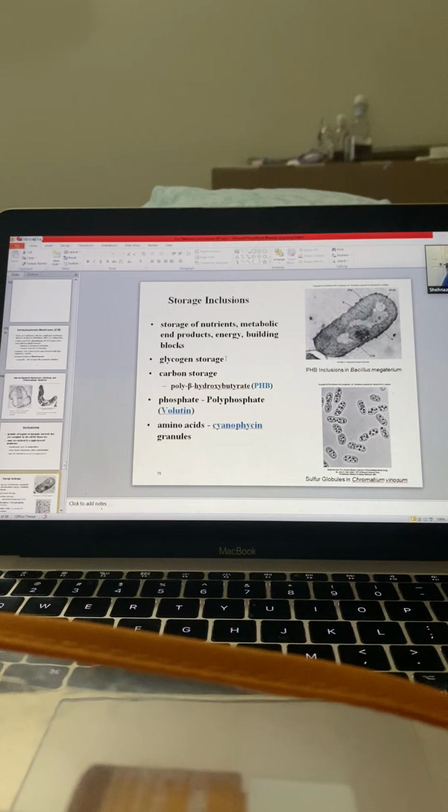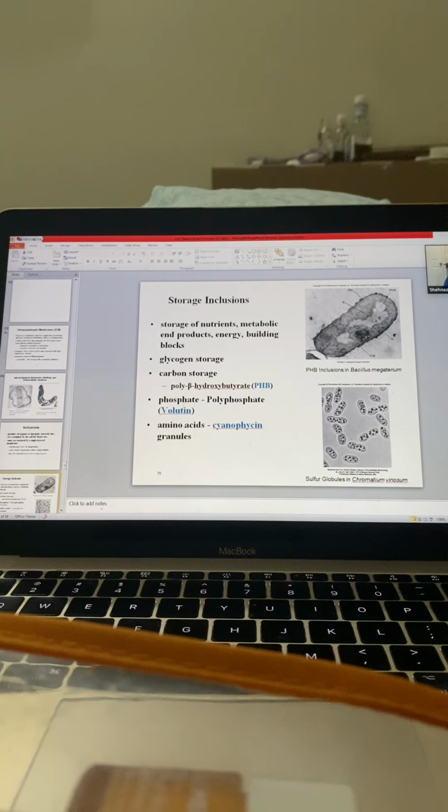There will be some that have glycogen storage, some that will have phosphate storage. Usually it is a polyphosphate that is stored, and you come up with the name volutin. You may have seen volutin or metachromatic granules, as we call them, when we were staining Corynebacterium in the lab. We used to be able to see them, the phosphate granules.